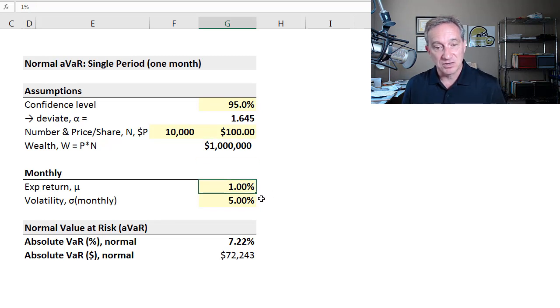And then my assumptions here: 1% on the expected return or drift, that's mu, and my volatility or sigma is 5%. We do want to be mindful of the period. So these are single period values, and in this case, I happen to be assuming a monthly period. Our most common periods are daily, monthly, and annually, but there's nothing that necessarily restricts us to any single period.